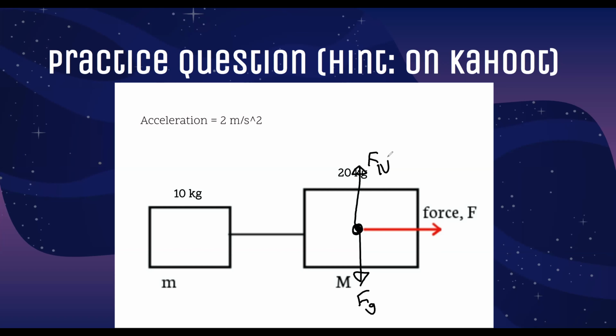Strings don't really have K constants because they're not really stretchy. Just think of it as a very tight rope. Okay, Brian Way is correct. It is tension. What direction should I draw tension as?